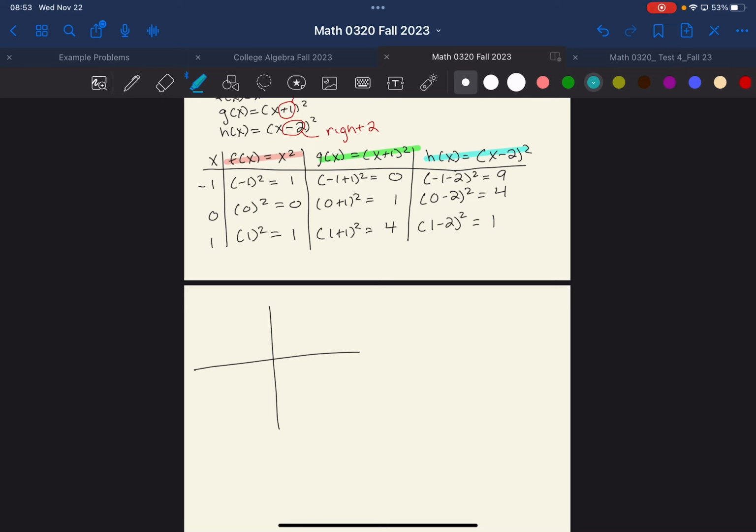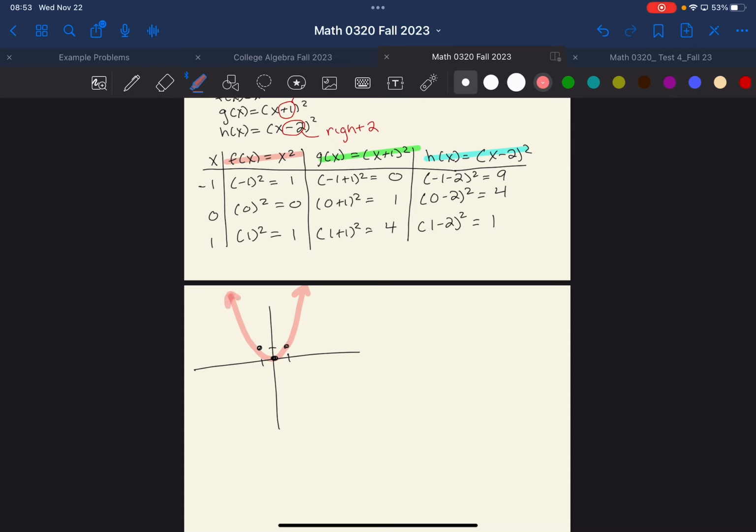So I'm starting off with my parent function. In my parent function, I have the points -1, 1, 0, 0, and 1, 1. So that's my parent function, and my parent function always looks the same. So it's always that x squared.